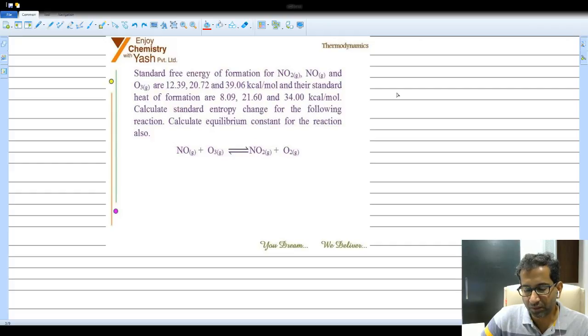Calculate the equilibrium constant for the reaction also. The equation is NO gas plus O3 gas reversibly NO2 gas and O2 gas.